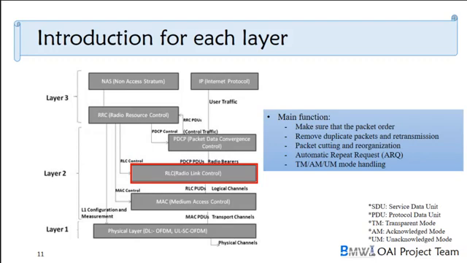What is TM? TM means the information doesn't need to be repackaged in the RLC layer. AM is acknowledged mode, and UM is unacknowledged mode. The difference between them is whether they support ARQ or not.